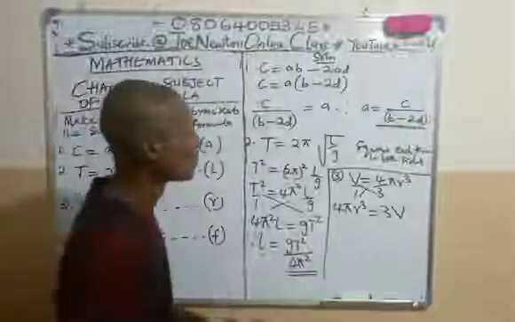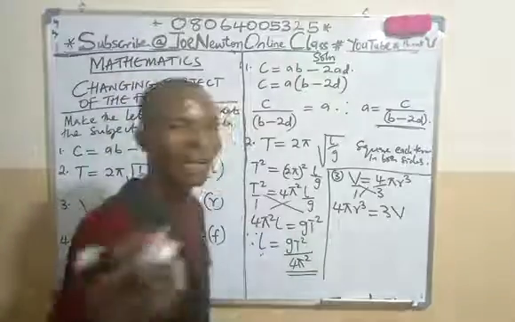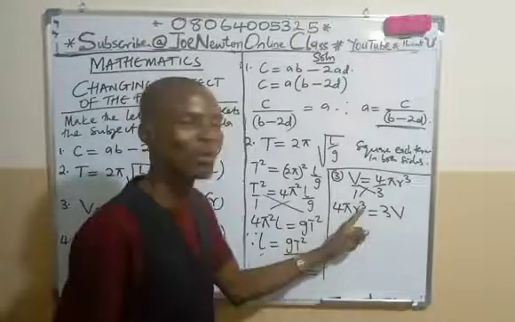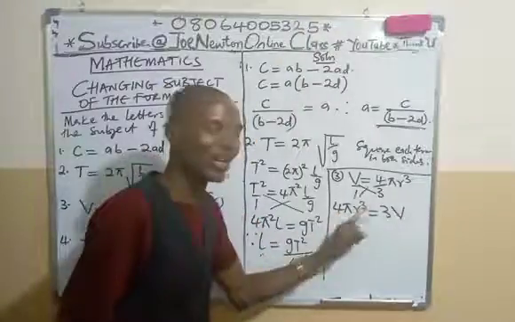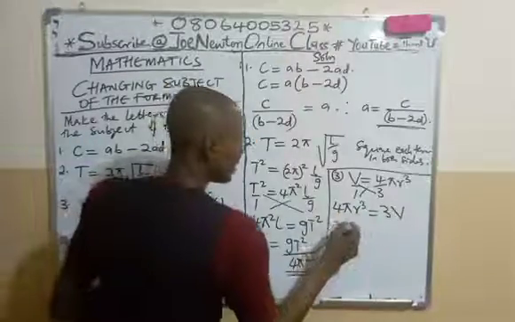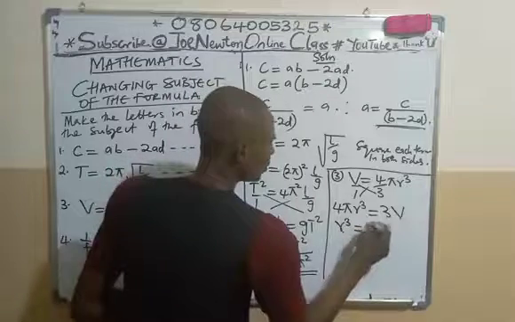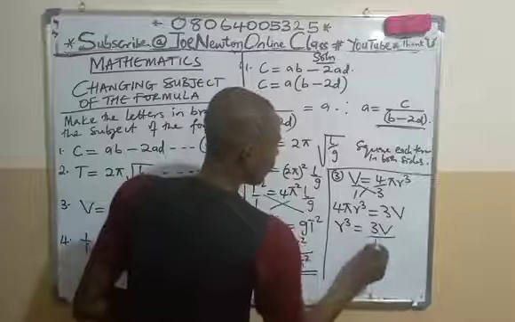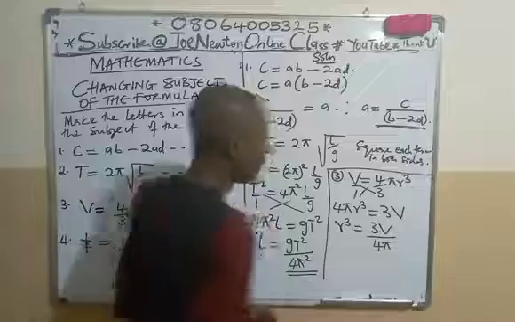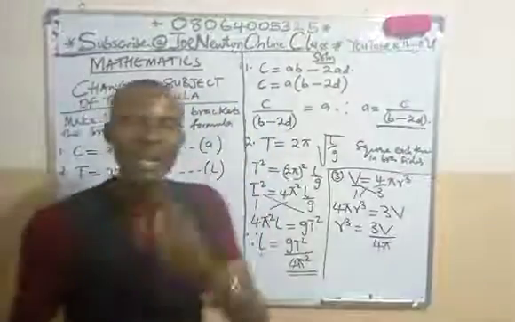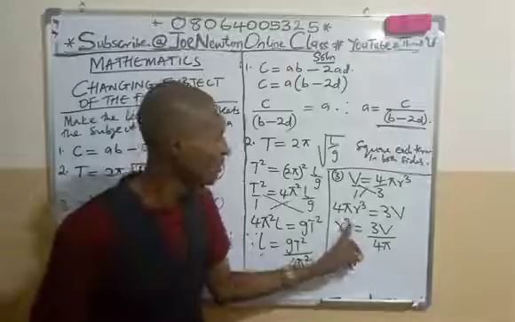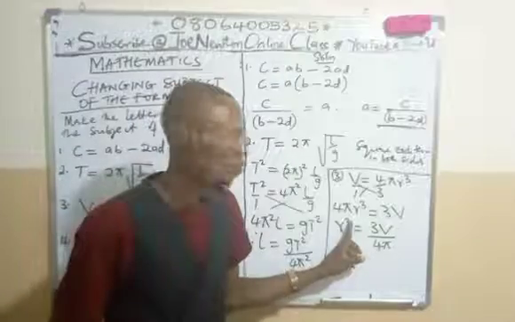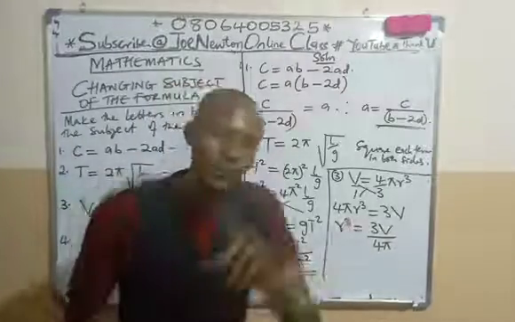Then we continue. The next thing we do is divide both sides by the coefficient of r cubed. This is r cubed. So we have that r cubed is equal to 3V over 4 pi. But we were expected to make r the subject of the formula, not r cubed. So we have to treat this power 3 here. The opposite of square is square root, and the opposite of cube is cube root.